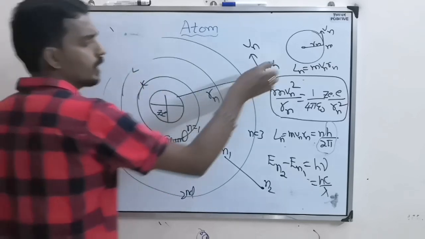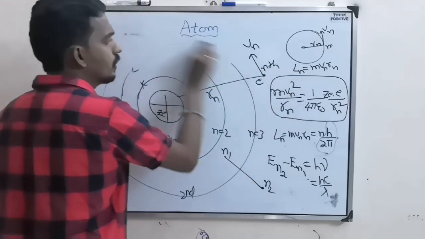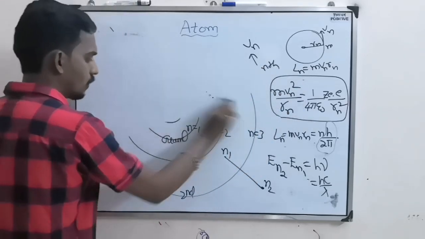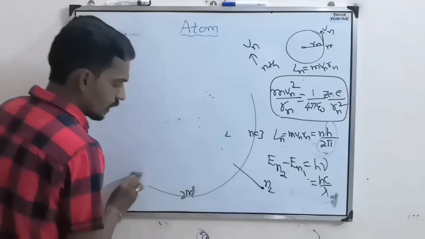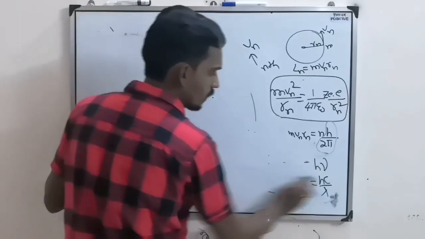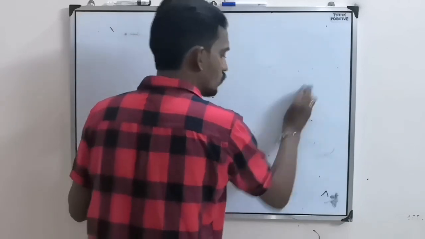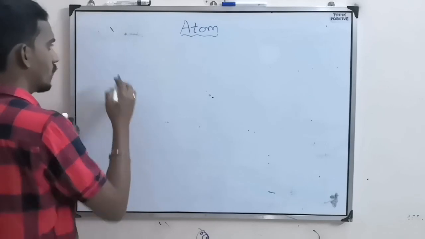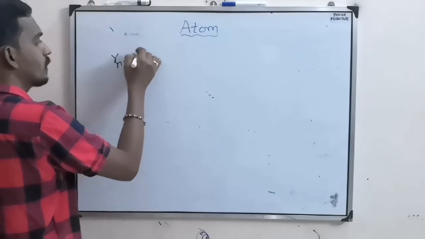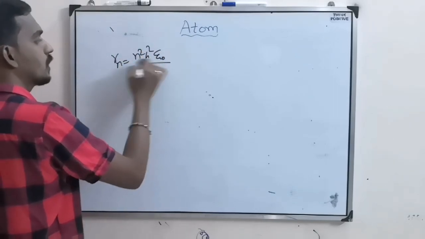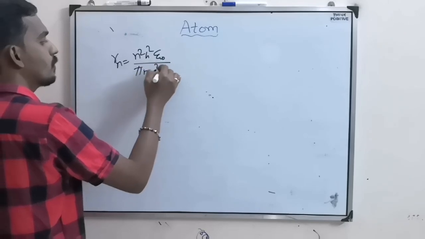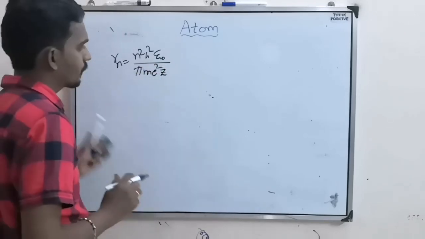Now, based on these two equations, we derive the equations for the nth orbit radius, velocity, time period, and so on. If you use those equations, the radius equation you will get is n square h square epsilon naught by pi m e square z.